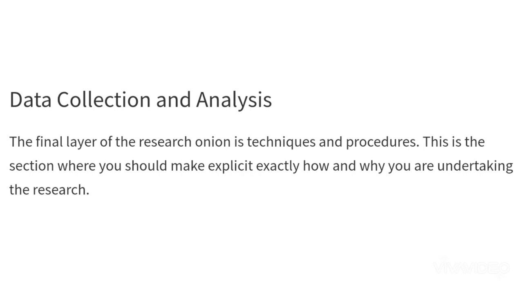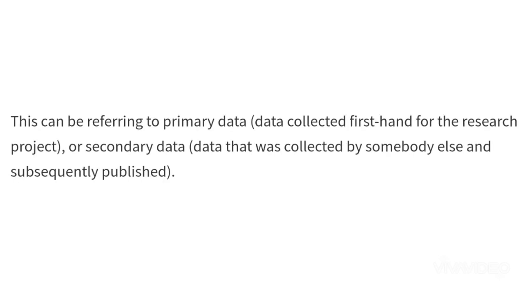Data collection and analysis. The final layer of the research onion is techniques and procedures. This is the section where you should make explicit exactly how and why you are undertaking the research. This can be referring to primary data collected first-hand for the research project, or secondary data that was collected by somebody else and subsequently published.